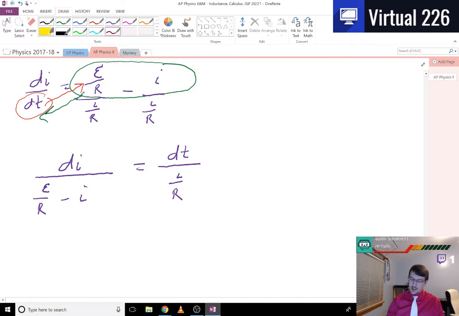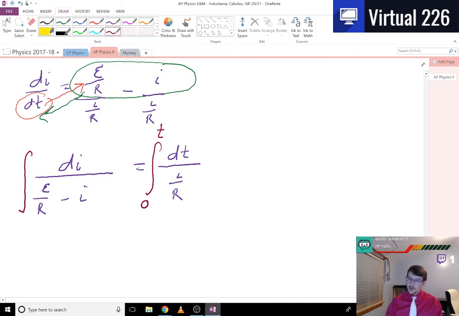Okay. When I integrate these sides, I need to set up some bounds for the integral. This is something you kind of get used to doing. For my time, we're starting from the initial time, t naught, but often we just call the initial time 0. That's when you start your watch. So we're going to go from time 0 to some arbitrary time later. Let's just call it t.